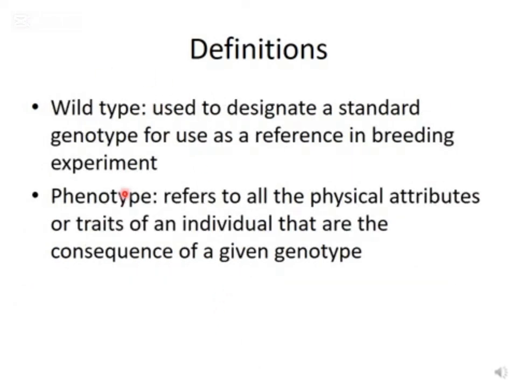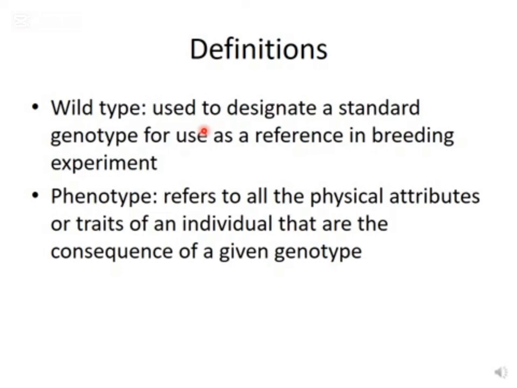Another definition that we need to go through is what a wild type is. A wild type is a phenotype. It's used to designate a standard genotype for use as a reference in breeding experiments. So let's say that the quote-unquote regular gene is the one that always shows up.